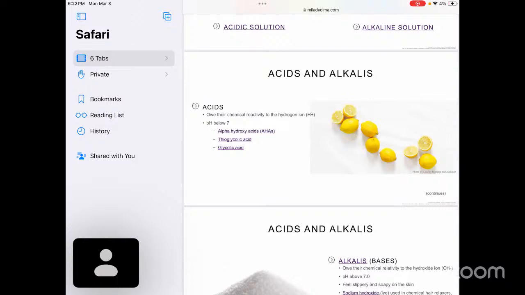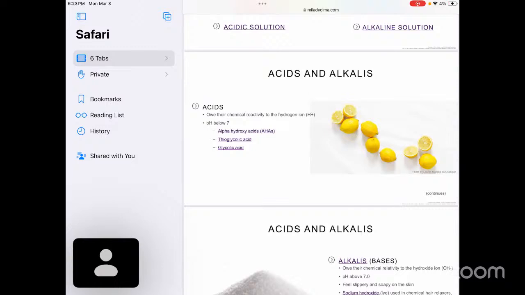A lot of times your enzymes and your chemical peels, your skin lifting products, will have a citrus base: papaya, grapefruit, lemon, things of that nature. Those are going to be good for dark spots and lifting of dead skin cells. So you'll see those in a lot of enzyme ingredients.